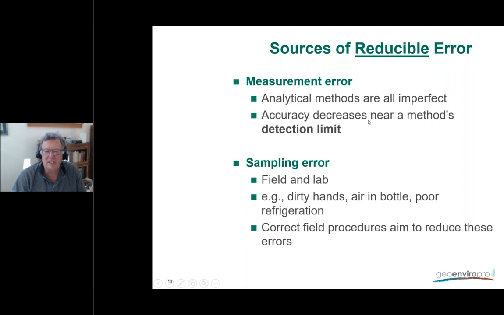If we recognize that accuracy decreases near the method detection limit, we have control over that, and we can try to use methods or have the lab use methods that reduce the detection limit and therefore increase accuracy. We also know that when we're in the field, we have sampling errors, meaning that we might not get our sample from exactly the right spot, or we might be cross-contaminating with dirty hands, or poor refrigeration, or our field procedures weren't exactly followed correctly. So we can improve on those things.